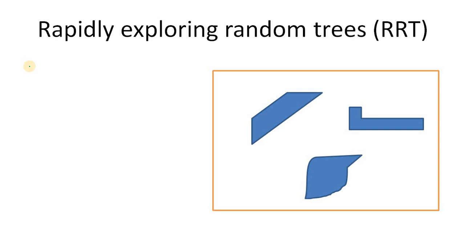Okay, so one type of sampling based algorithm is the rapidly exploring random trees, or RRT. Rapidly exploring random trees is a type of path planning or path search algorithm that searches for a collision-free path from the initial state to the goal state.